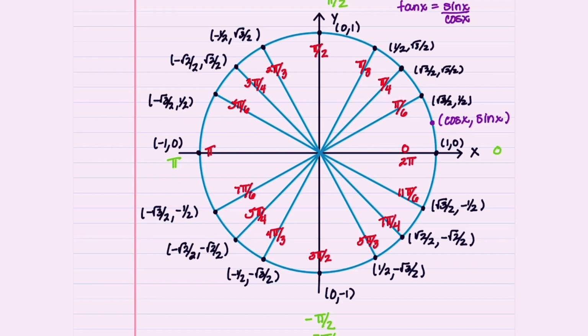We'll find the values of tangent x from minus pi over 2 at the bottom of our circle to pi over 2 at the top of our circle. I'll highlight the sine values in green and our cosine values in yellow. Those are our sine values, and now we'll highlight our cosine values.